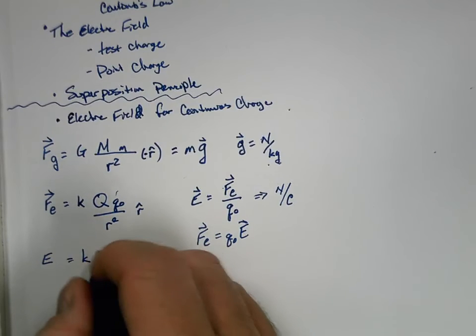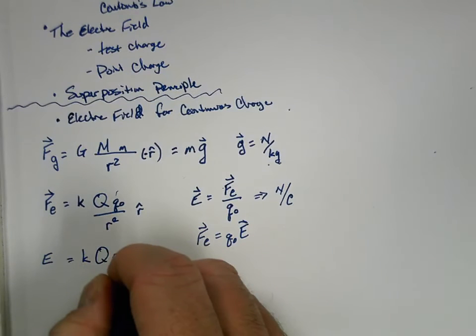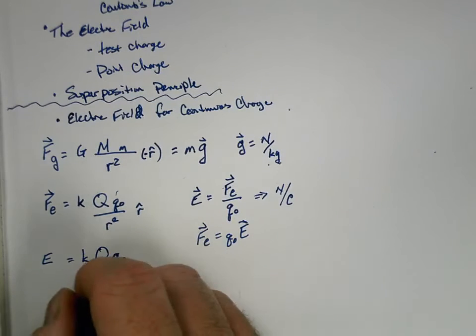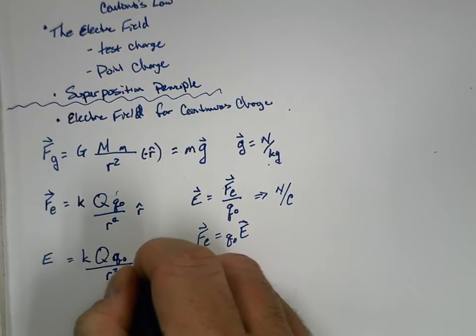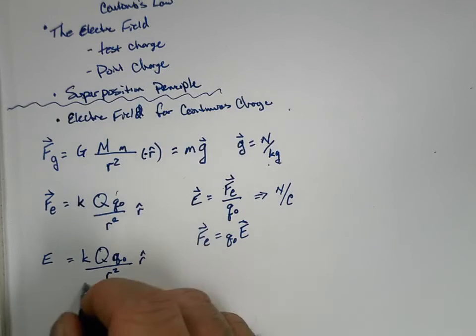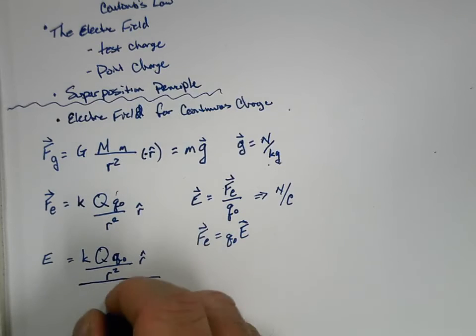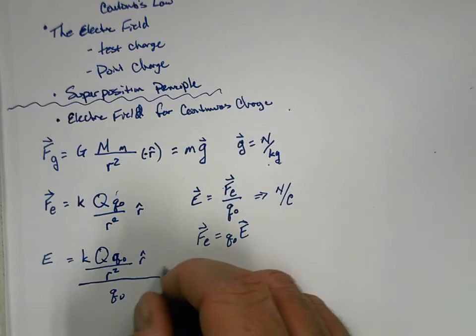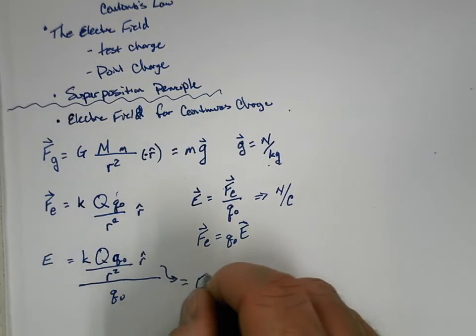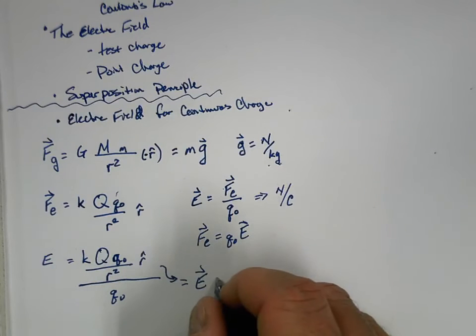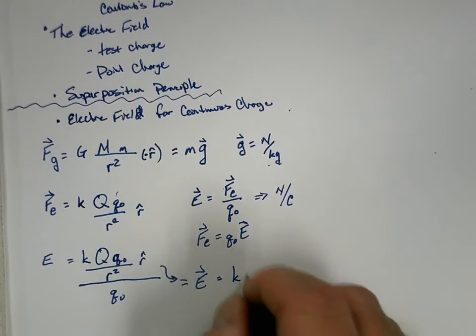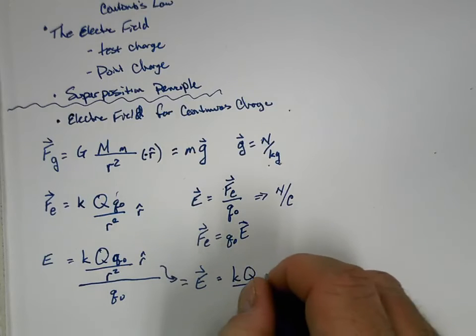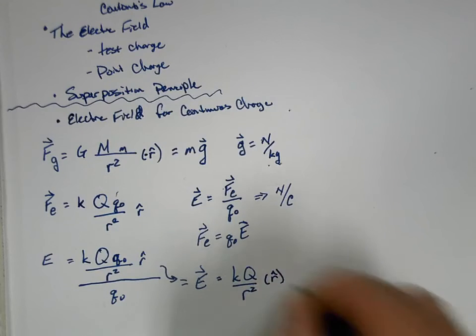All right, so our electric field is also going to be Q naught over R squared R hat, all of that divided by Q naught, which is what we did over here. And that gives us an E, which is equal to KQ over R squared R hat.